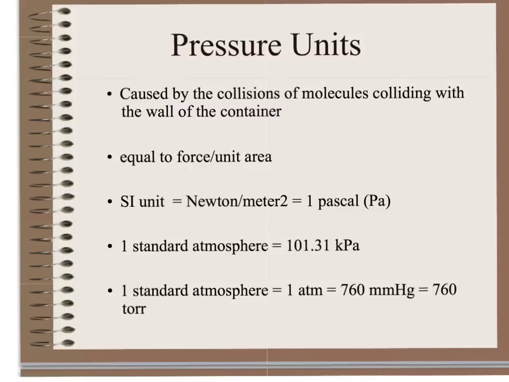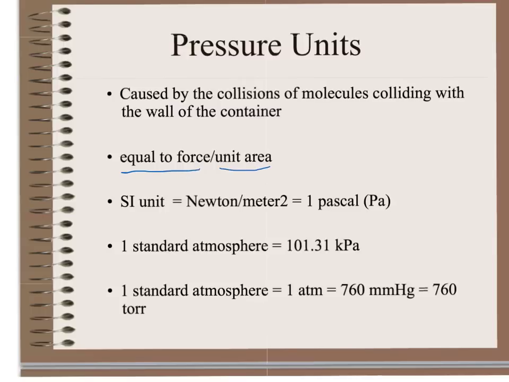Okay, when we're talking about pressure, there are different units, and they kind of can be confusing, but this is what we're going to talk about. And this is the pressure that's caused by the collisions of molecules colliding with the wall of the container. Okay? The pressure units are equal to the force divided by the unit area. Okay?